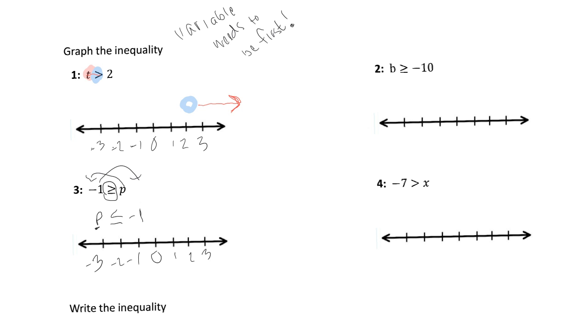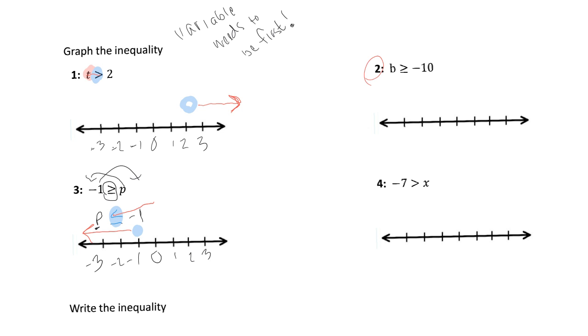It's a closed circle over -1, so it's a filled in circle. Then I'm thinking, what way does that arrow face? It faces this way, so it should be a left-facing arrow. I also know that because it's a less than symbol.